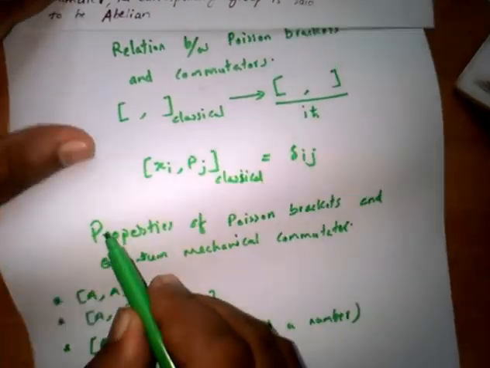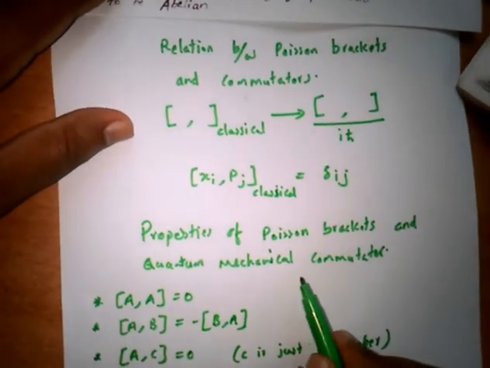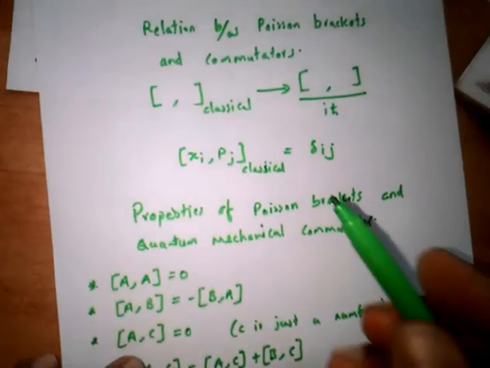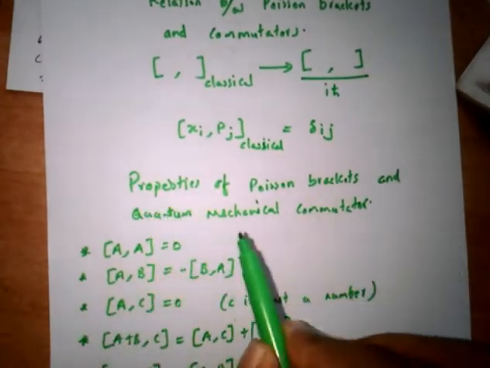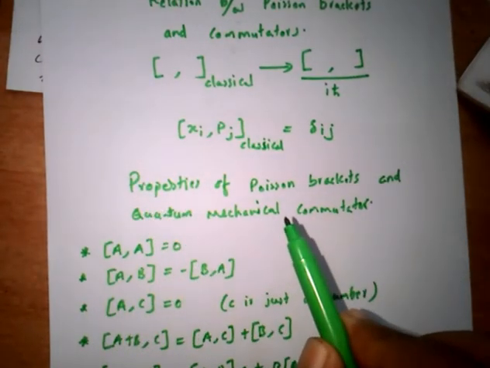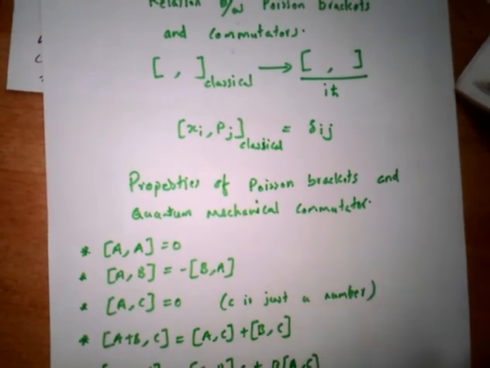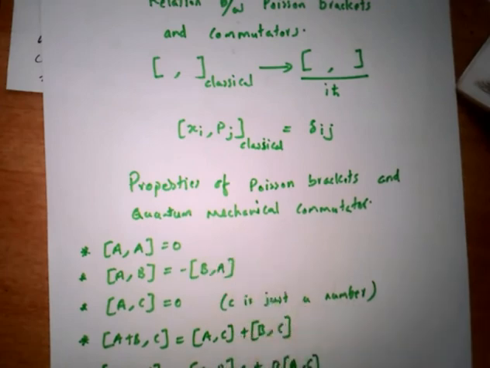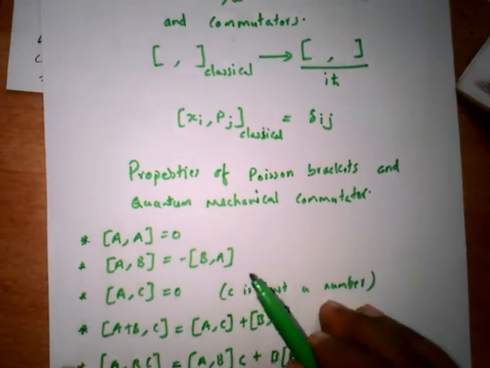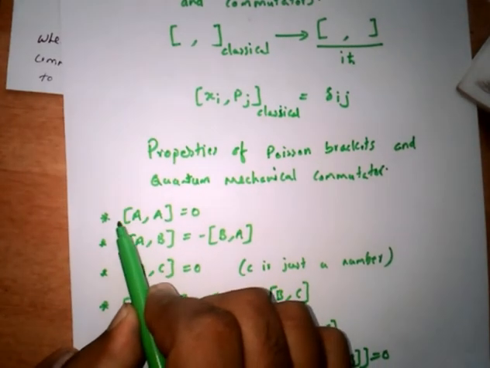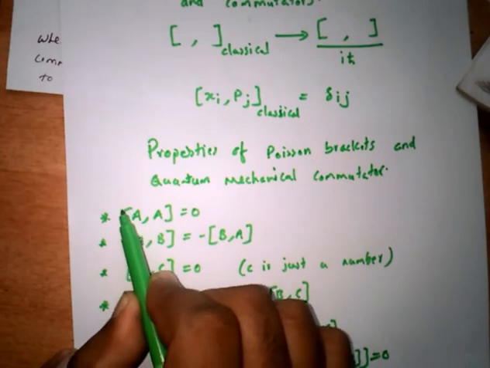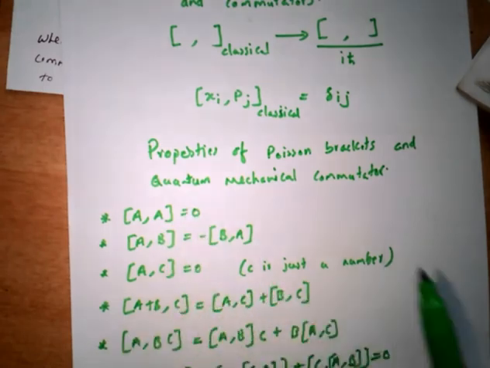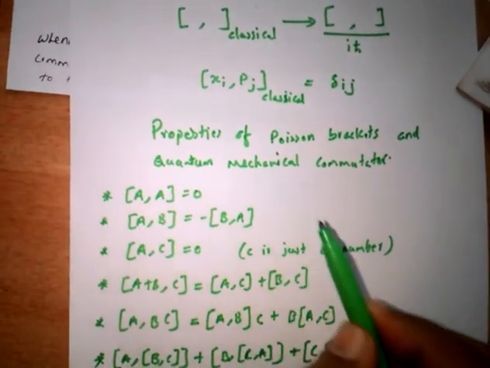As an example, I am introducing here some properties of Poisson brackets and quantum mechanical commutators. These properties are the same or similar in classical and quantum mechanics. The commutator or Poisson bracket of AA equal to 0, and AB equal to minus BA.